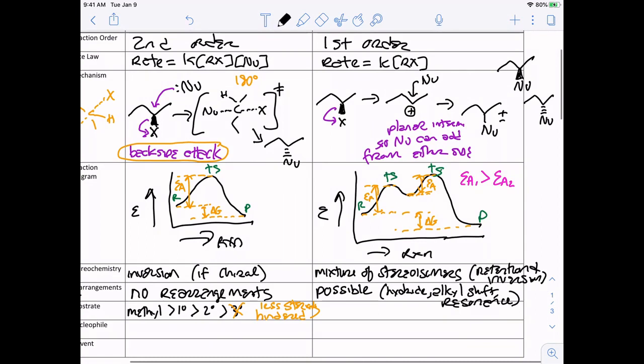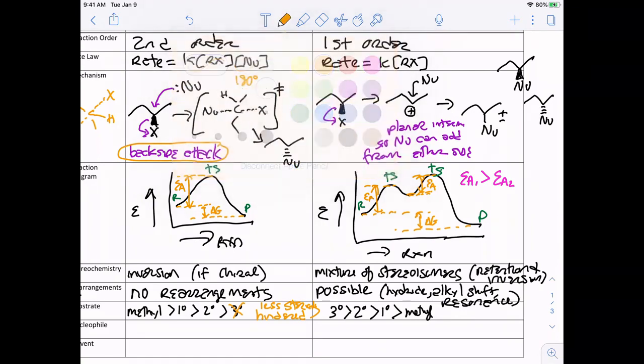For our SN1, because it's going through that carbocation intermediate, the more stable that intermediate is, the better. More substituted intermediates are more stable. So for this one, tertiary is better than secondary, which is better than primary, which is much, much better than methyl. In fact, for this one, we can just cross those two out.